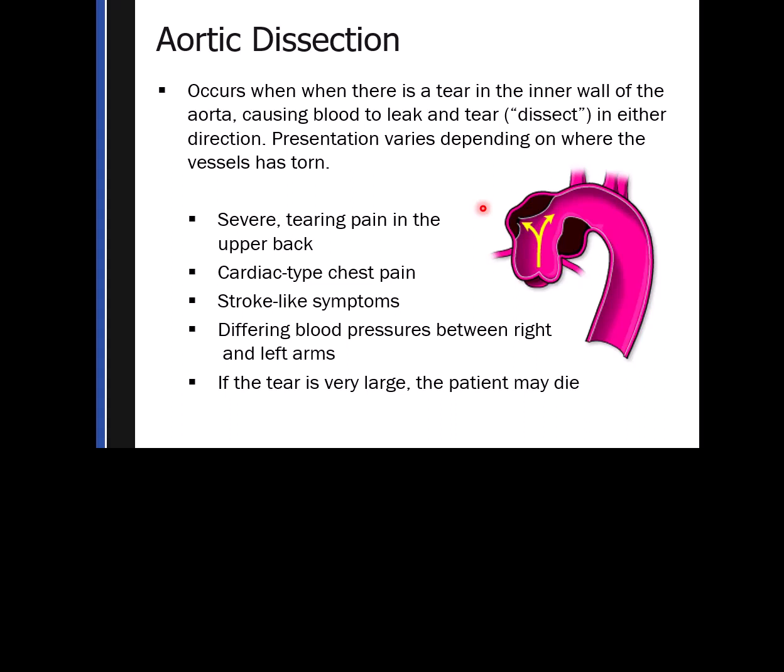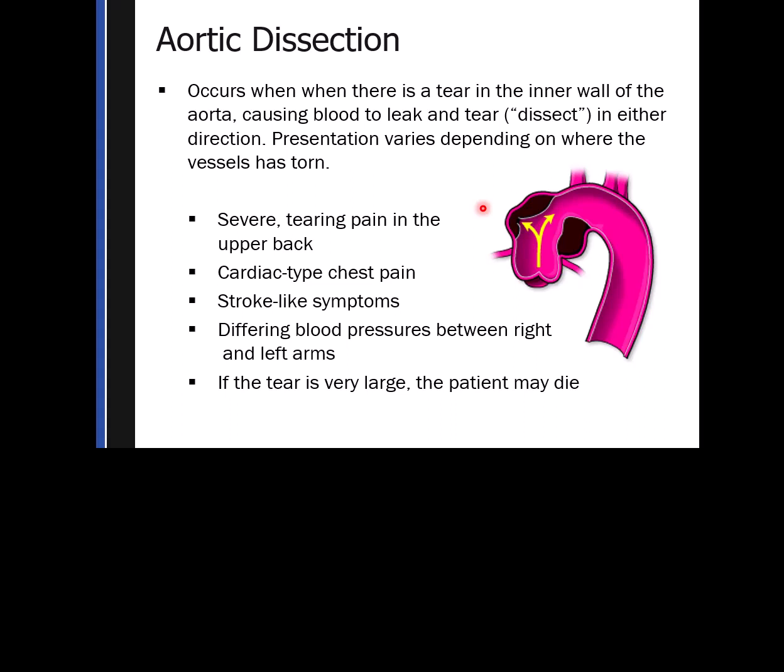The other thing that we can look at here is that when we get blood pressures on our patients, if you suspect that your patient is having a thoracic or an abdominal aneurysm, and a thoracic aneurysm is just called that.